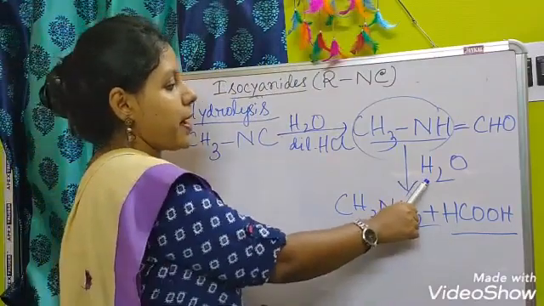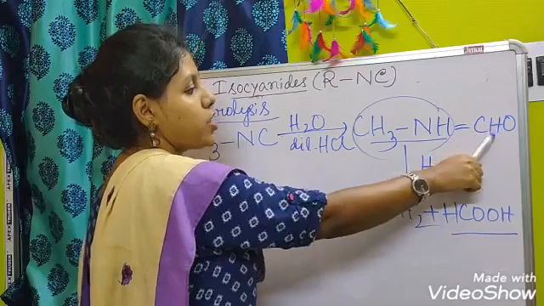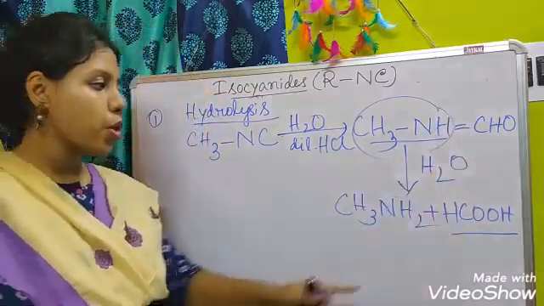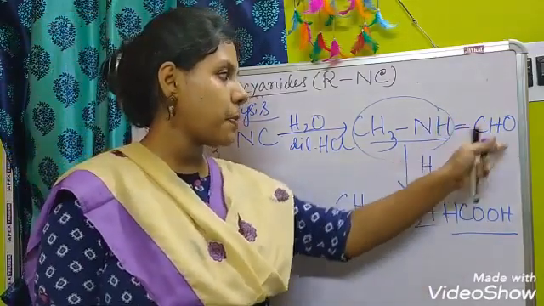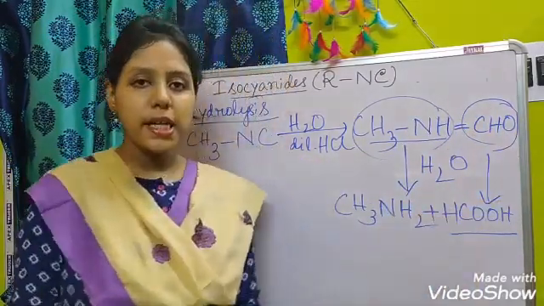So the hydrogen part will be added to the nitrogen, and the OH part will be added to the CHO group. So this part will be converted into formic acid.